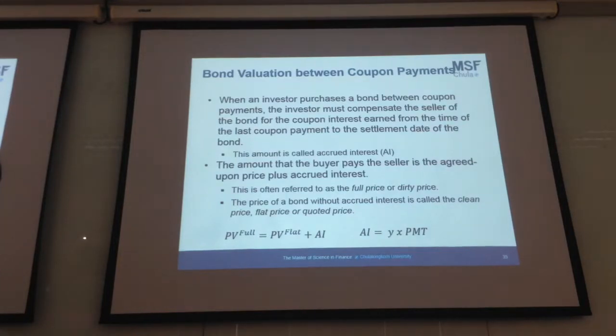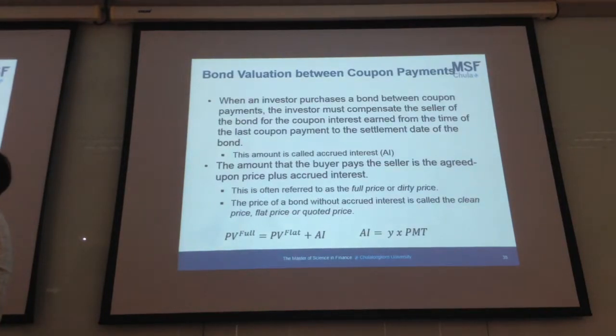It depends on how long since the last coupon payment until the settlement date. On the settlement date, the new buyer pays the money to the seller, and the seller transfers the bond to the new buyer. So for the portion of time since the last coupon payment until the settlement date, the coupon would be paid to the existing bondholder.